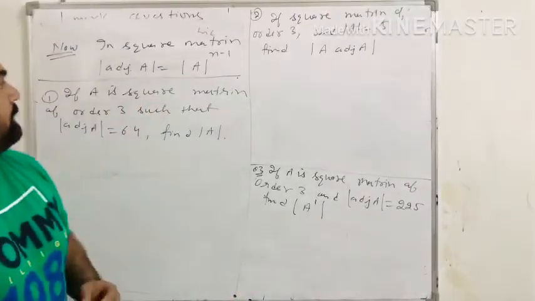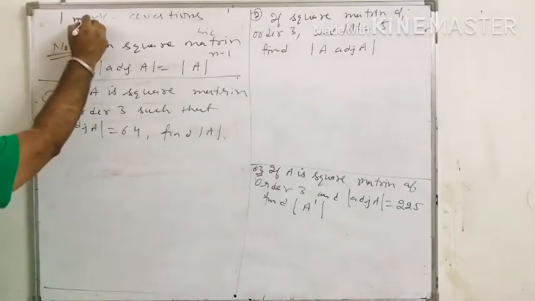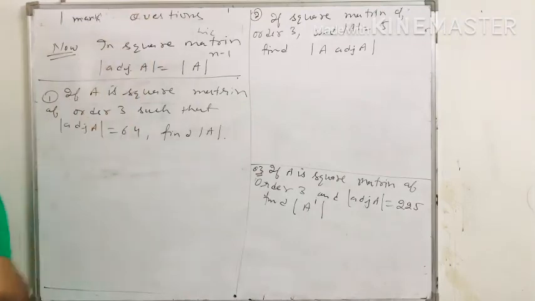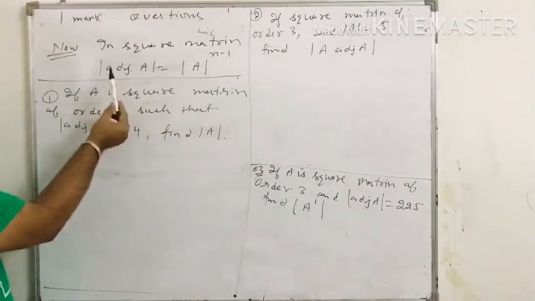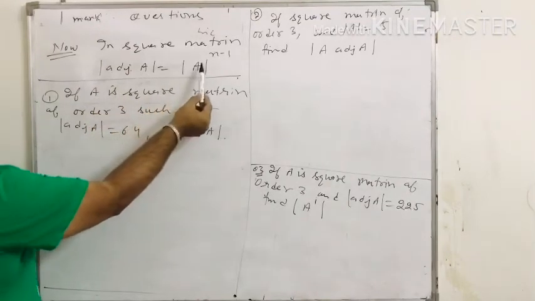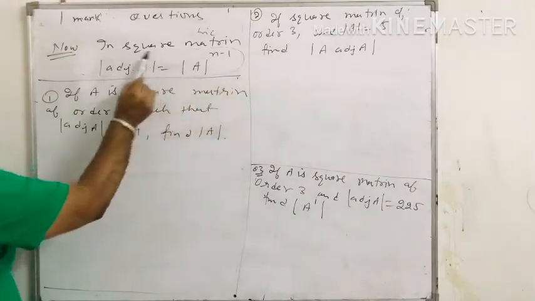Now there is another concept related to a 1 mark question. In a square matrix, the determinant of adjoint A is always equal to the determinant of A raised to power n minus 1. So remember this formula.